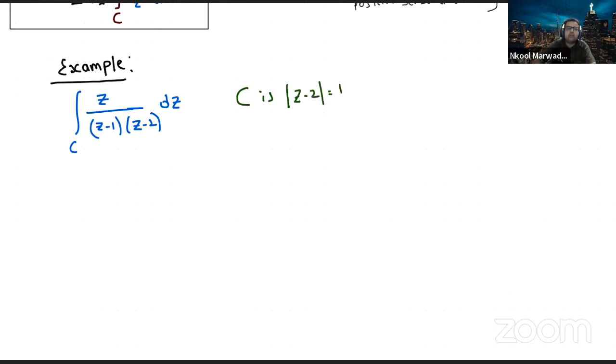The contour defines the region of points, and for those points we have to find the integration. It is a kind of a definite integral.